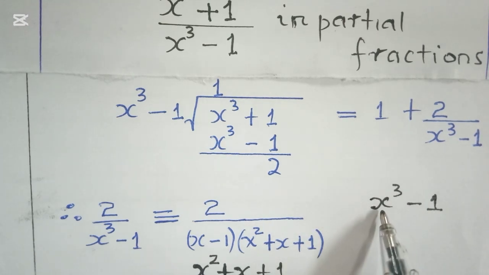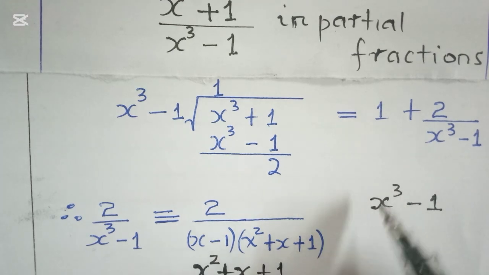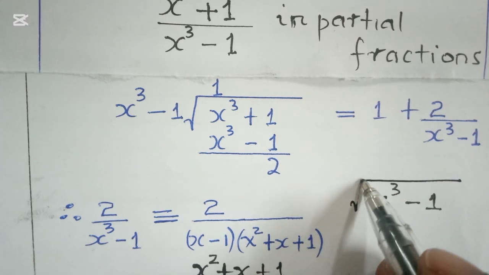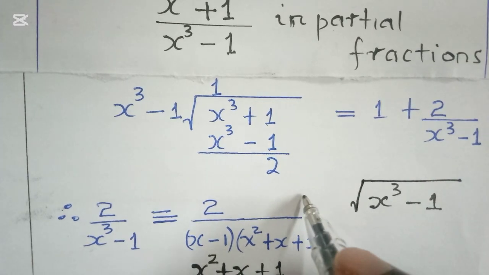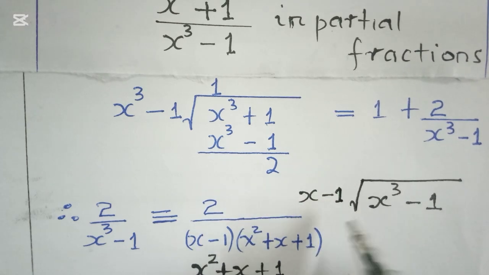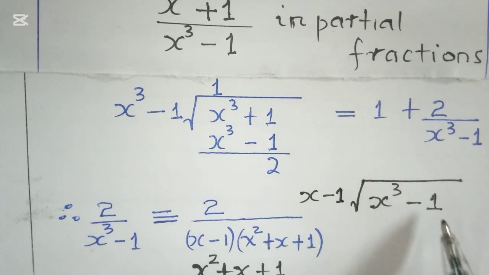Because if you put 1 cubed minus 1, it will give us 0. So one of the factors, and that's what we are going to divide with, is going to be x minus 1. That is one of the factors of x cubed minus 1.